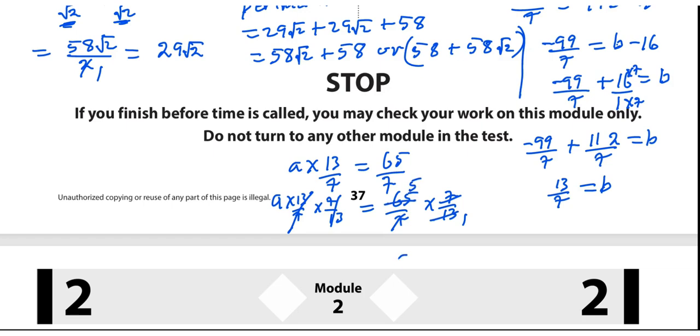So automatically a is equal to 5. So this is the answer to this question, and I hope it makes some sense.